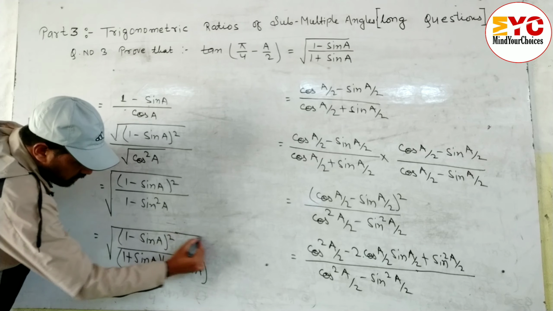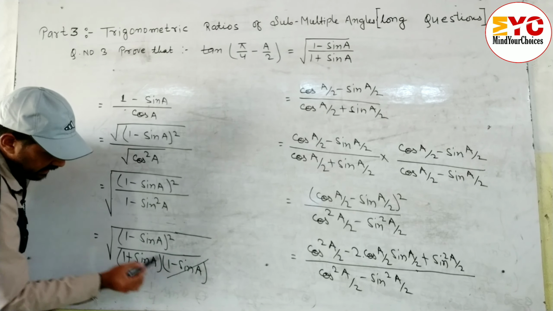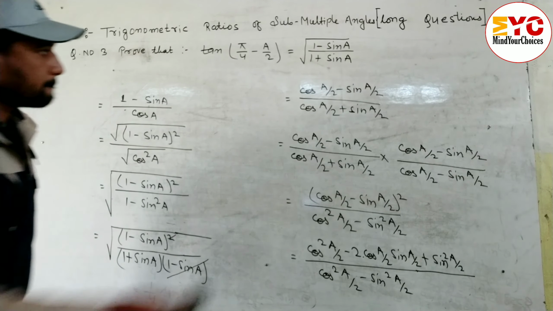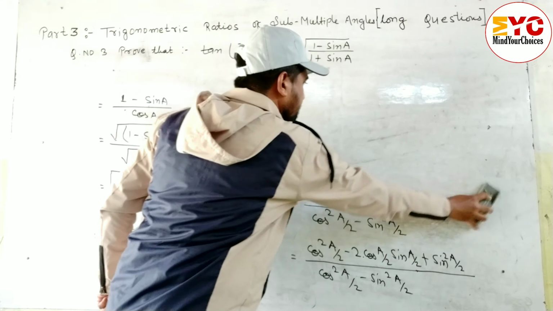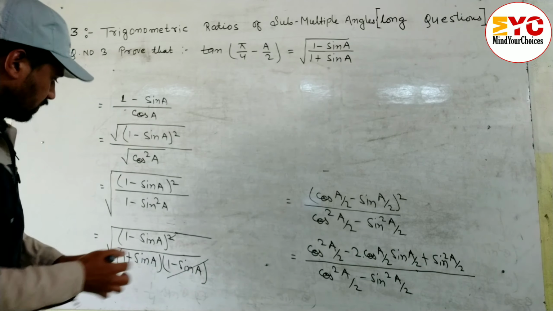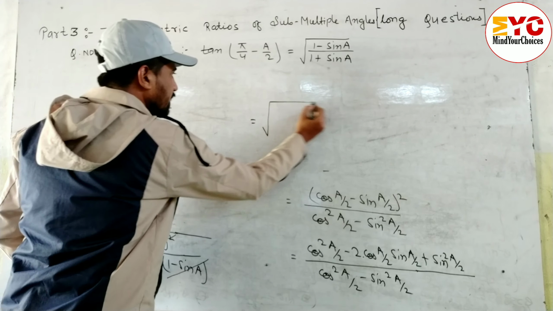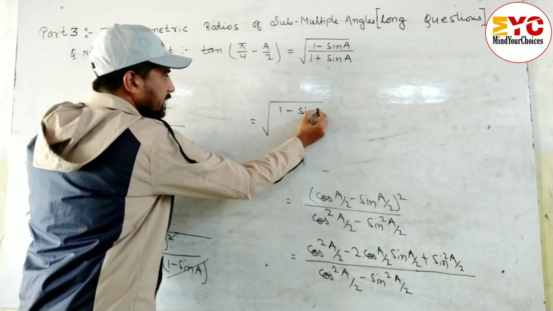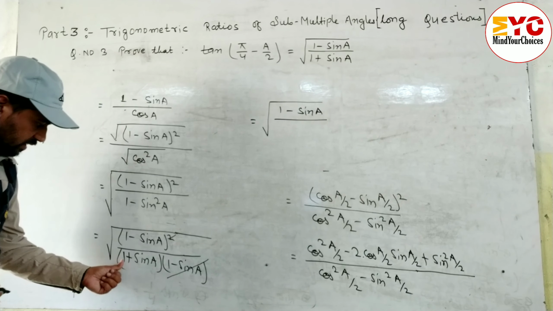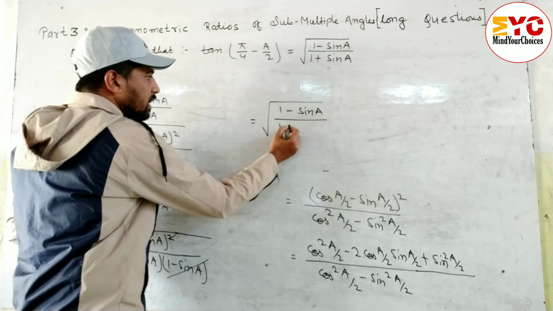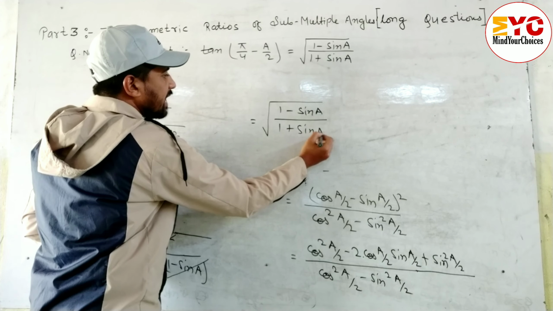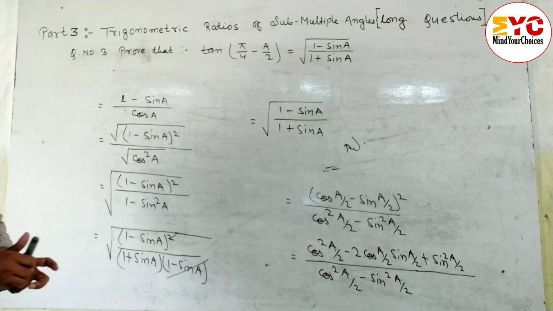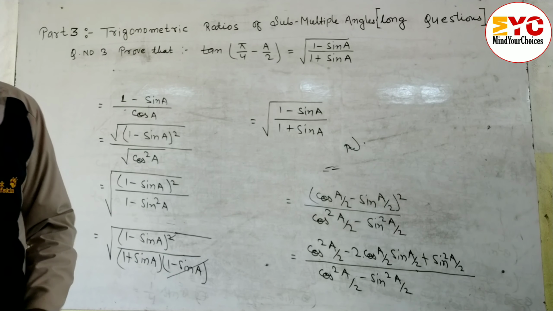Look at this one properly. After this, 1 minus sin A and square cancel. What is remaining here? Root under (1 − sin A) by the denominator (1 + sin A). We have to prove this. RHS proved. Hope you understand this question number 3.